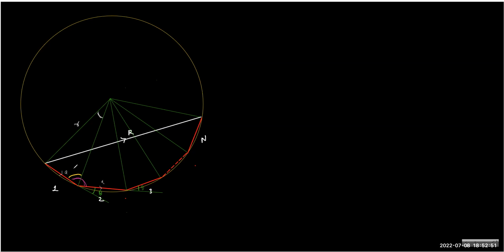So if I call this angle alpha, this will also be alpha. Why? Because it's an isosceles triangle. It's a radius, no? So in this triangle, if you look at a single triangle, the alpha must be the same for both, isn't it? So can we say, very carefully, if I want to know this angle beta, 2 alpha plus beta must be equal to 180 degrees.